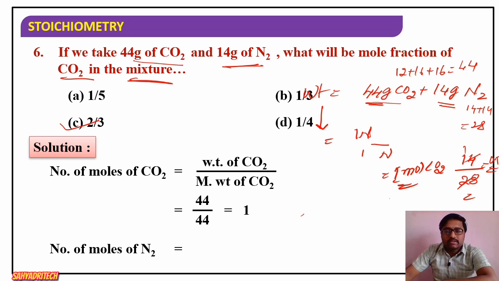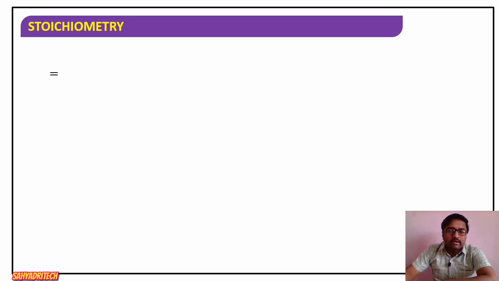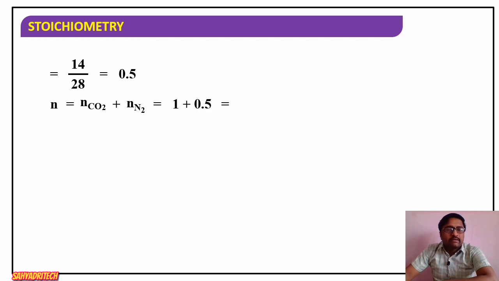The number of moles of nitrogen is weight of nitrogen divided by molecular weight of nitrogen, so 14 divided by 28, how much? It is 0.5. Then total number of moles, how much? Number of moles of carbon dioxide plus number of moles of nitrogen, 1 plus 0.5, that is 1.5.